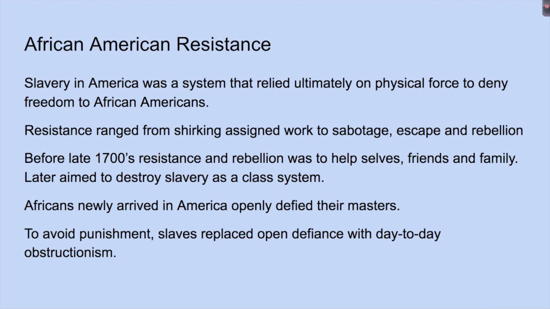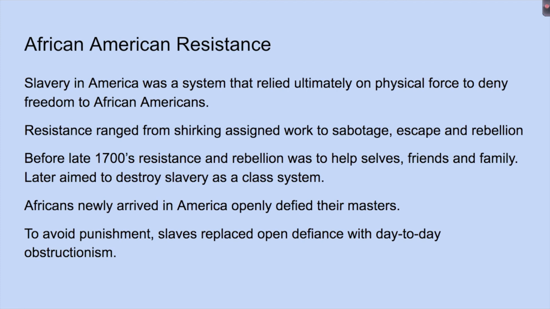Resistance might be shirking your work duties, or perhaps accidentally breaking a tool or items, something that was seen as passive. And then you had more open forms such as escape and rebellion.